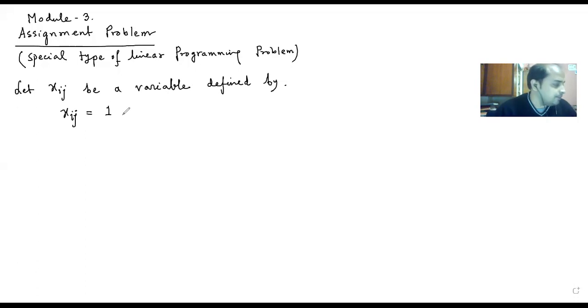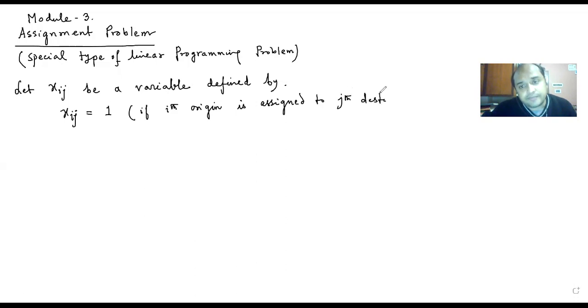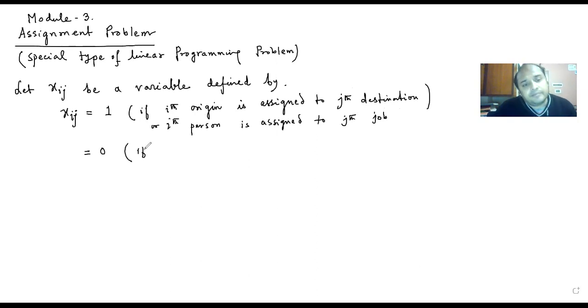Either the value of xij is 1, which happens if the ith origin is assigned to the jth destination, or you can write, if the ith person is assigned to the jth job, and it is equal to 0 if the ith person is not assigned to the jth job.